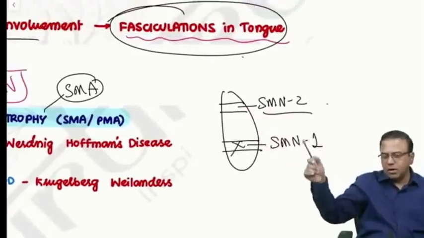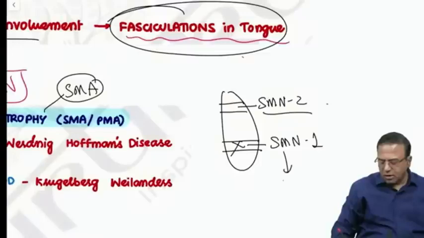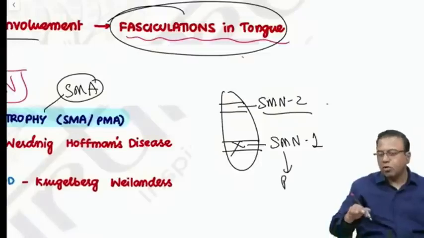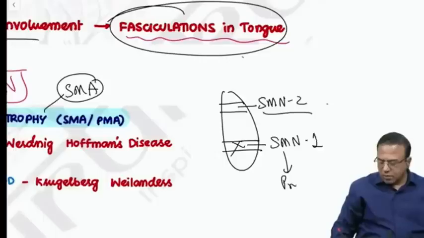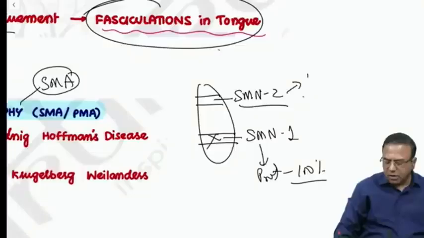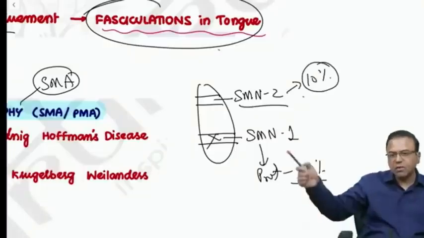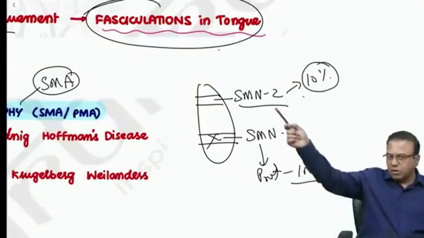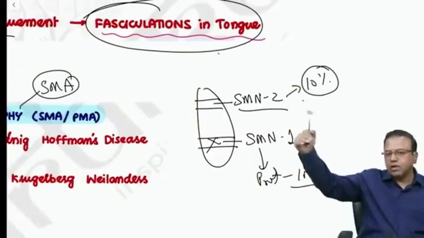But the problem is SMN1 produces a protein that helps to keep the neurons alive. Let's say it produces 100% protein. SMN2, each copy does 10% of the work that SMN1 does. But the good thing is sometimes you have 4 copies of SMN2.